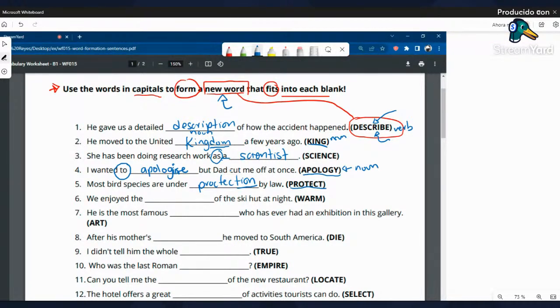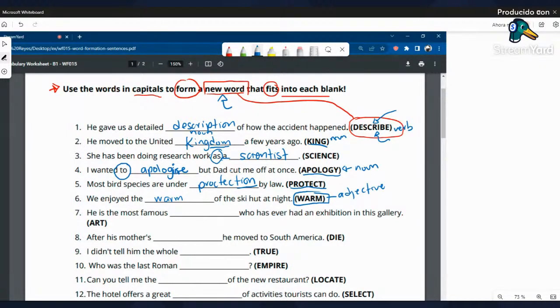Number 6. We enjoyed the of the ski hut at night. I have to use this word. This is an adjective. And I don't need an adjective here. I cannot write warm because I'm not describing anything.